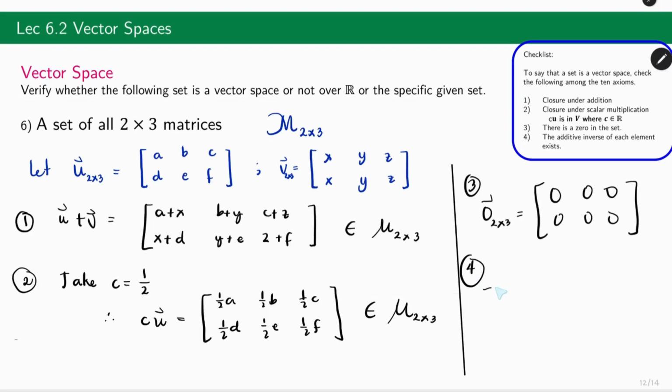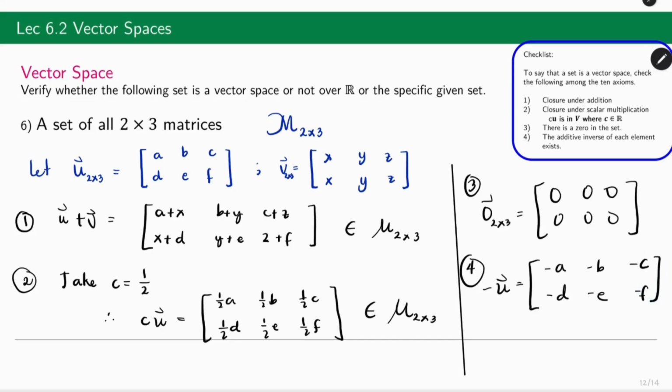So this is also true, because if you take the negative of vector U, you will have negative A, negative B, and so on. Thus, the 6 other axioms may be proven or not. This is already obvious. Thus, the set of 2 by 3 matrices is a vector space.